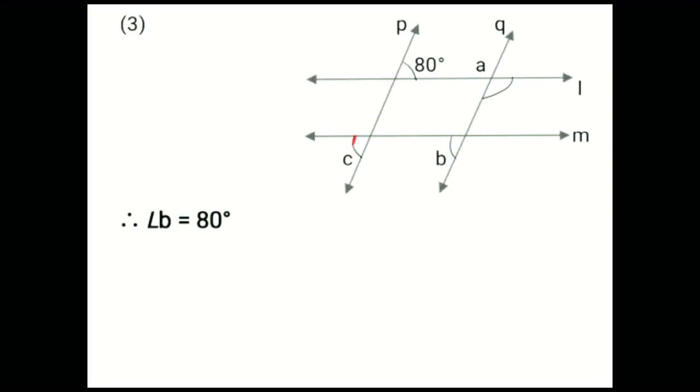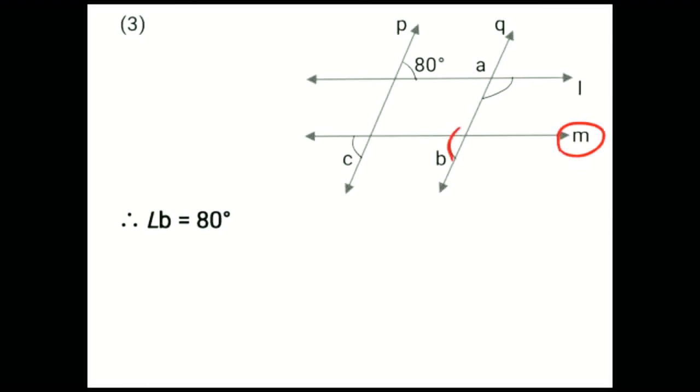Now we will find angle C. If angle B is 80 degree, which I got as the answer, angle C also should be 80 degree. Again it is corresponding angles. On line M transversal, you have to see. If line M is a transversal, angle B and angle C are corresponding angles. Corresponding angles are congruent.